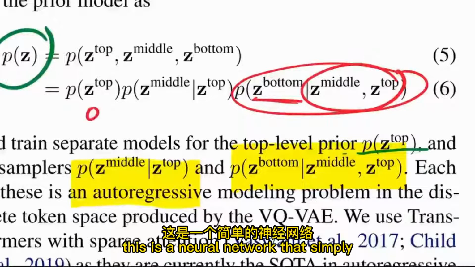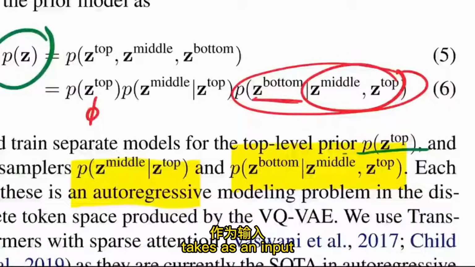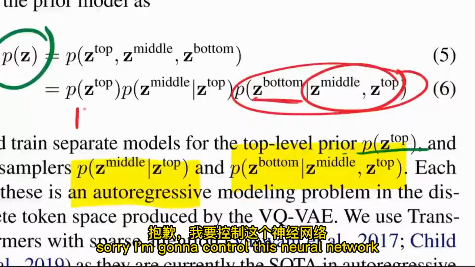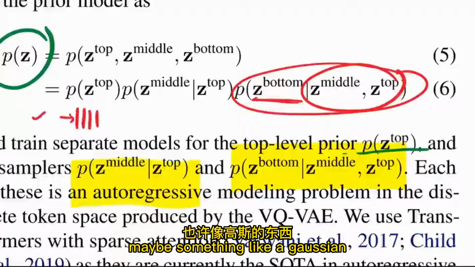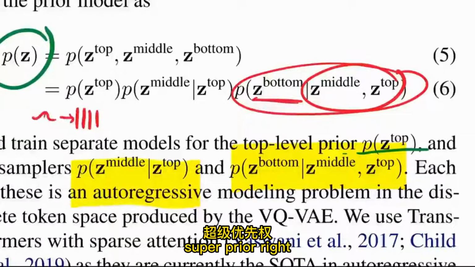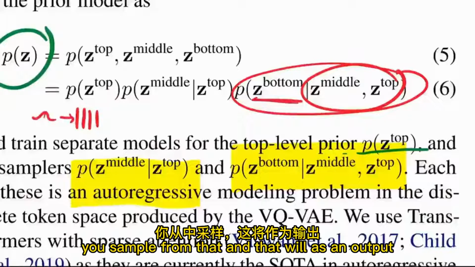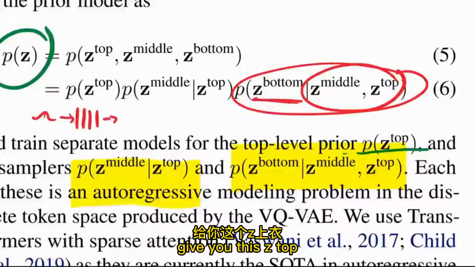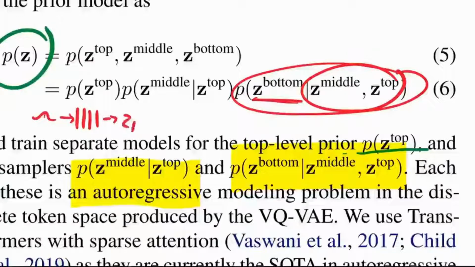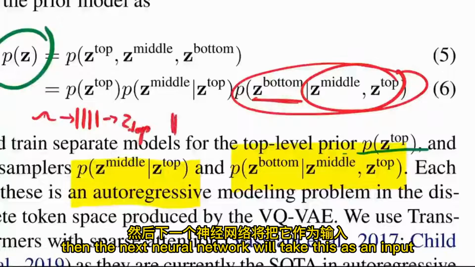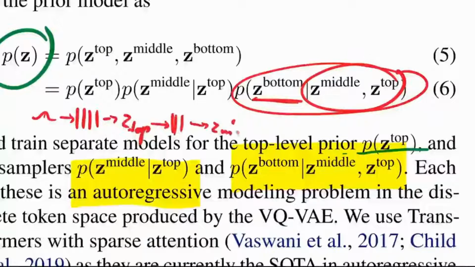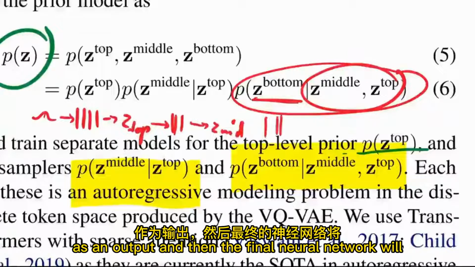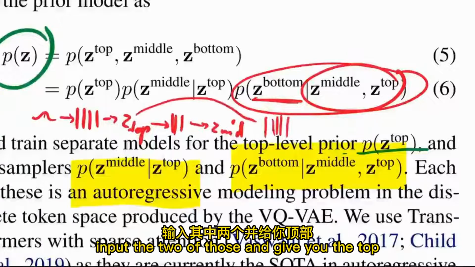I'm going to draw this neural network: it takes as an input maybe something like a Gaussian super prior, right? You sample from that, and that will, as an output, give you this Z top. Then the next neural network will take this as an input and will give you Z middle as an output. And then the final neural network will take the two of those as input and give you Z bottom.